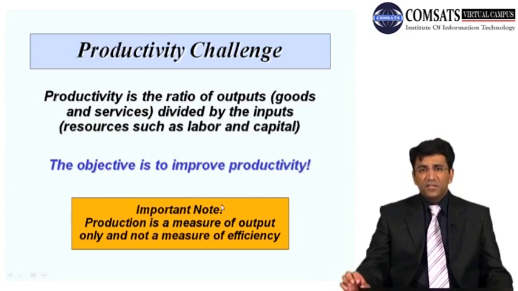Now if we compare this with the definition of productivity as the ratio of output to input, efficiency actually relates to the input and effectiveness actually relates to the output. So this is the way we can relate the combination of efficiency and effectiveness with this ratio of output to the input. And ultimately the objective in any organization is to improve the productivity.